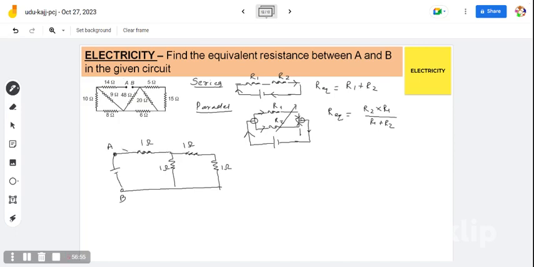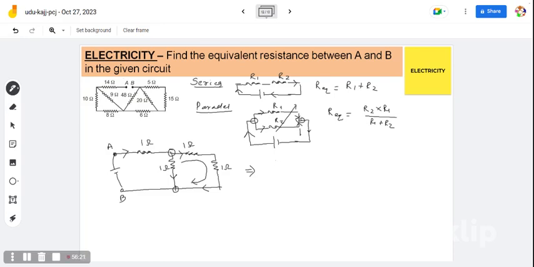The current through A will go here and divide into two branches, and it passes through these resistors and meets again at this point. At this point the current is being divided, and at this point the current is getting combined. Through these two resistors the same current is flowing, so these two resistances will be in series.